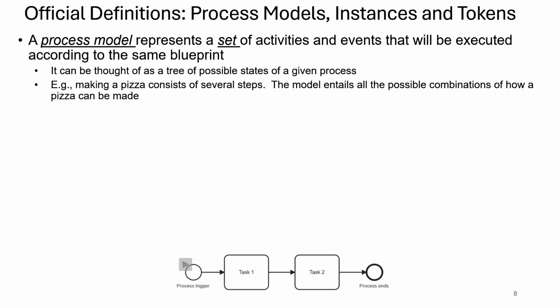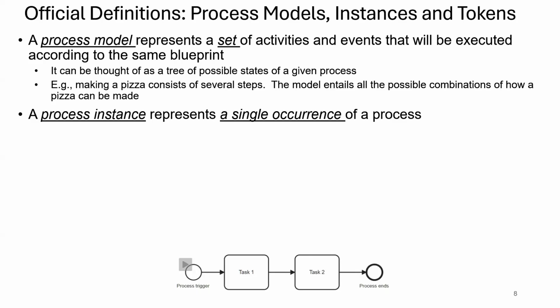So you want to make these different sets of pizzas. And the process model represents all of those possible states of activities that you need to perform to make either a 4-cheese pizza or a pepperoni pizza.